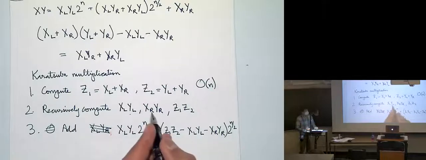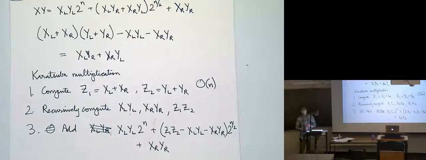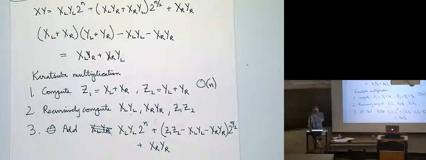How many multiplications? 3. Each of size? What is the size of XL? N over 2. What is the size of XR? What is the size of Z1 and Z2?